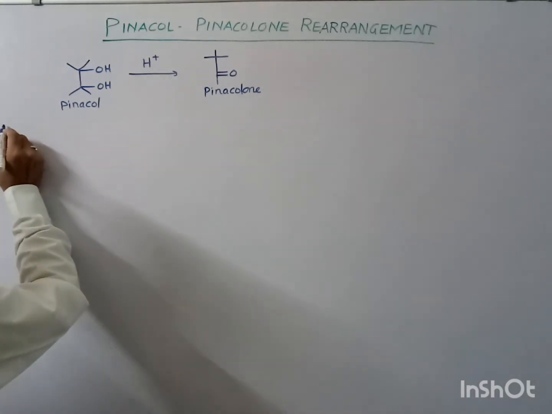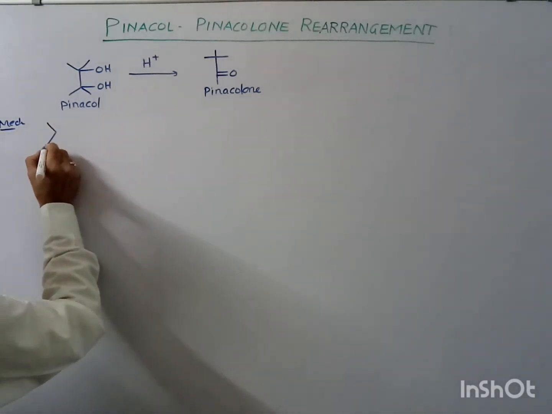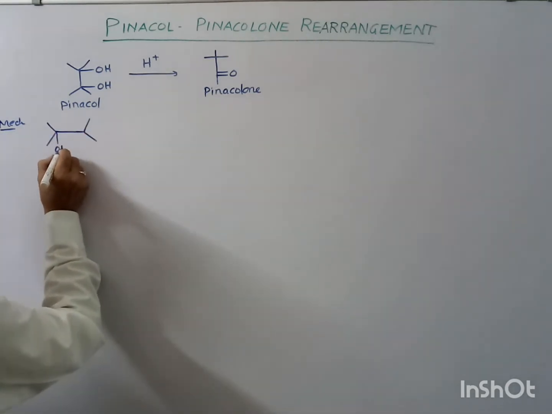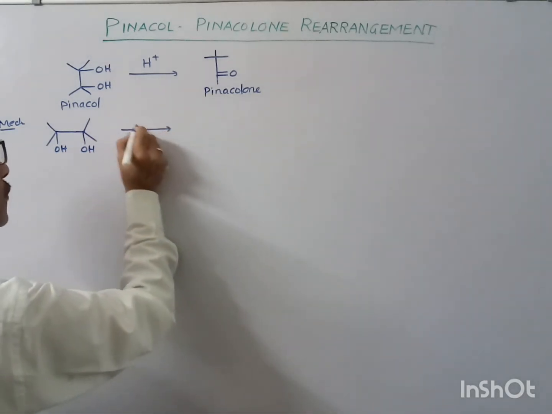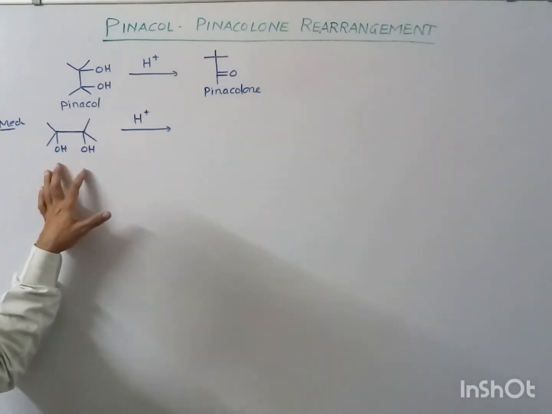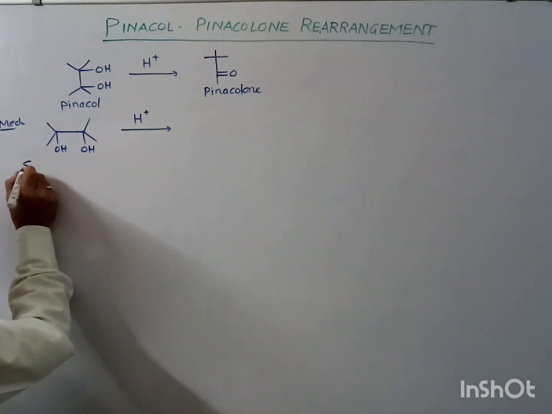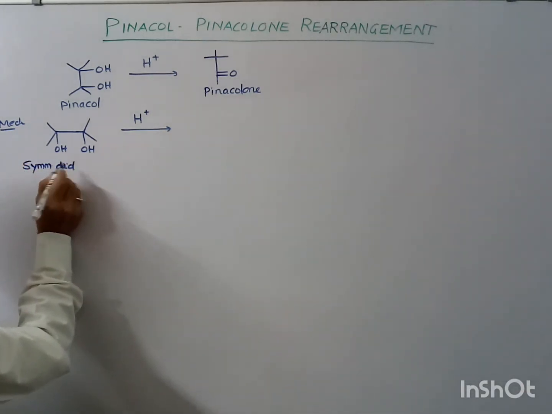Now let us see the mechanism for this reaction. Suppose we have this pinacol in the presence of H plus, an acid catalyst. You can see this is a symmetrical diol, and in this symmetrical diol, first of all, what will happen?